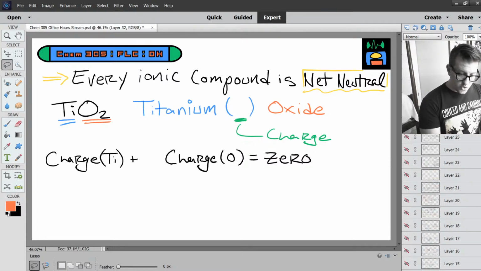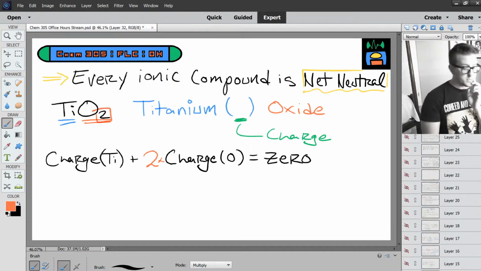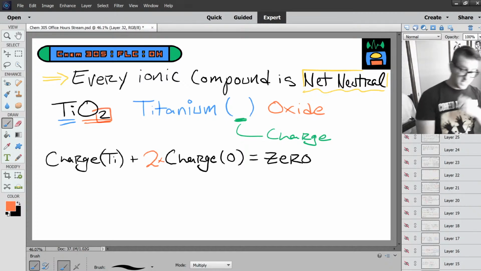It's 2 times the charge of oxygen because we have 2 oxygen atoms in this molecule.